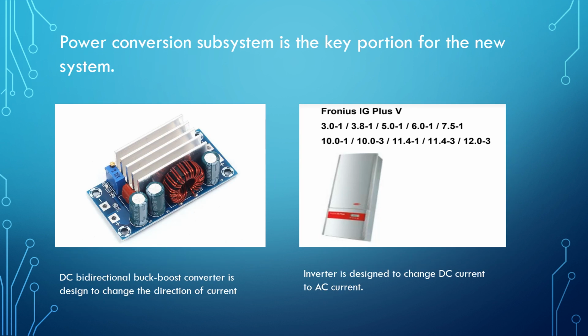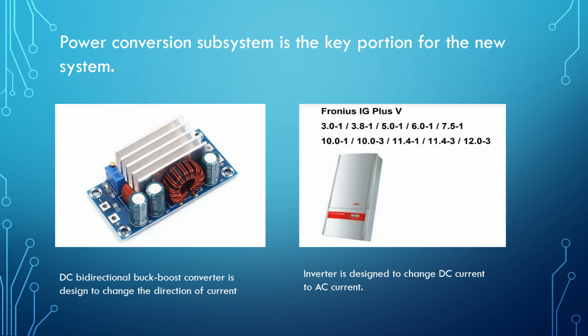We also have the most important subsystem, the power conversion system. Because the power comes from the sunlight, it's solar energy. When it is converted to electricity, we have to make it usable for the building load. We have to bring the current and voltage to specific values, like 110 volts, and give it a specific direction.